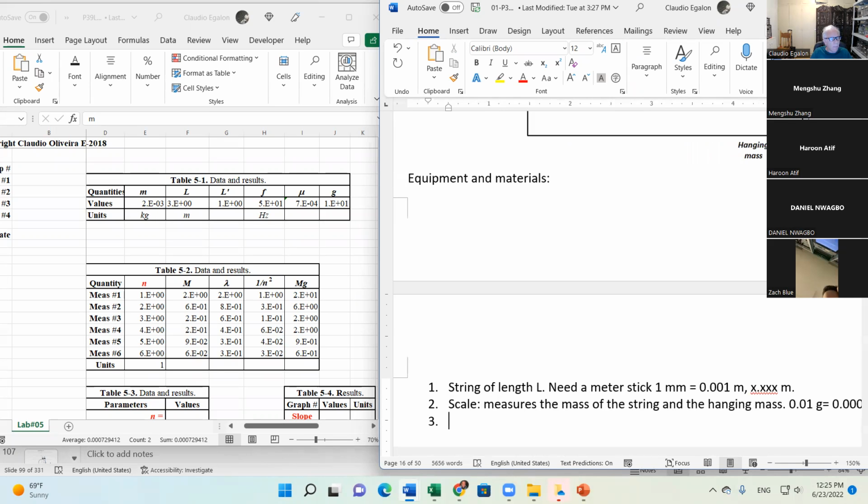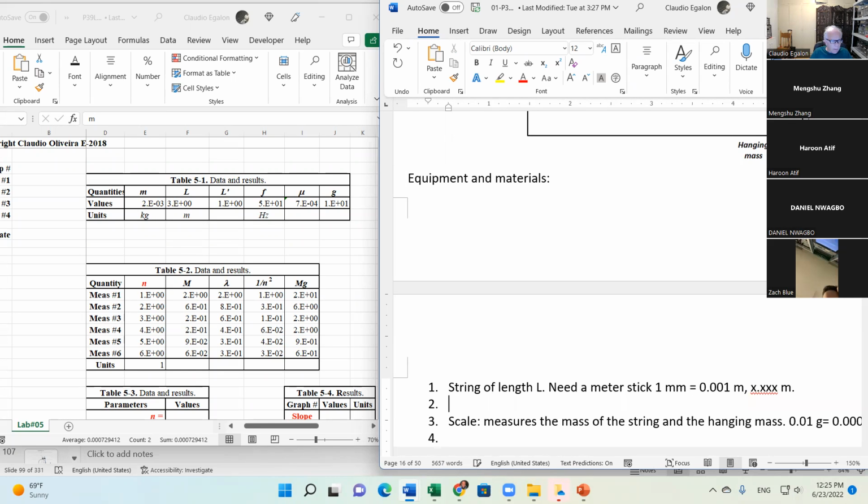So you know the resolution of the mass, so you go ahead and put there the right number of significant figures. I'm going to put another measurement here. Length of the vibrating string is L prime. Just like before, given the resolution, this measurement should be written like that for L prime.